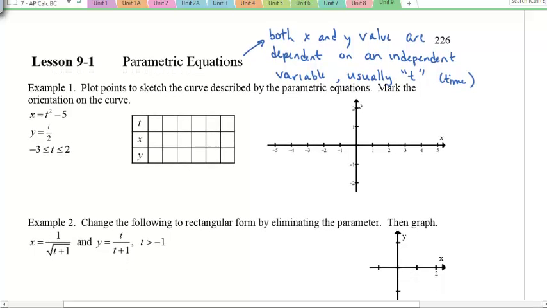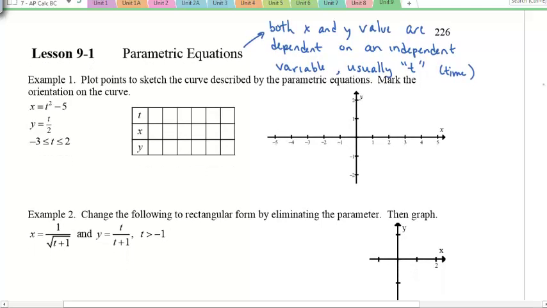So let's take a look at example number 1, where I'm going to ask you to plot these points to actually sketch the curve. Notice my graph here is both x and y, but my x value is based on a function of t, similarly with y, and I've given you the t values that I'd like you to try, -3 all the way to 2.